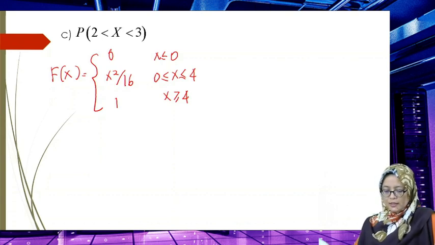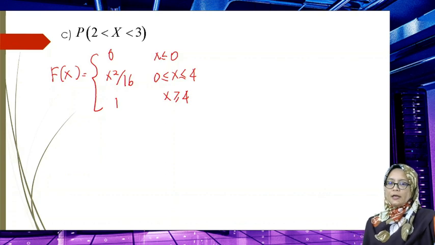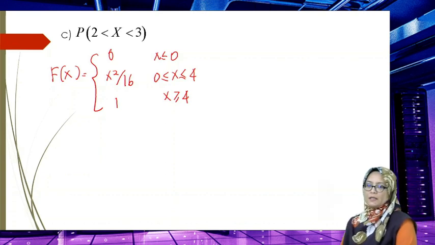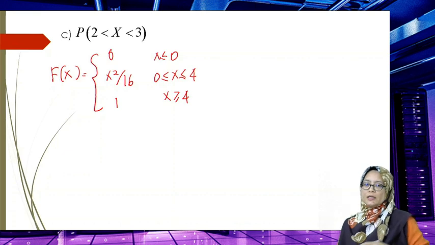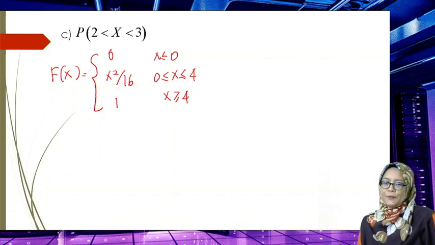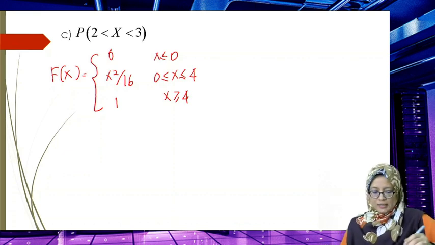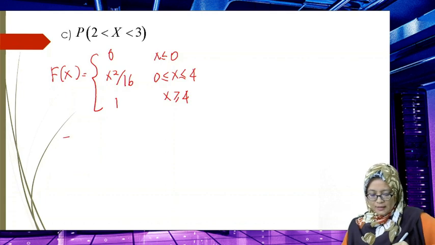Okay, so sekarang ni kita nak cari nilai. Okay, katalah kita sekarang ni kita dah ada fx untuk f besar dia. Maksudnya kalau kita nak cari nilai base kepada kita punya fx ni, kita akan ganti je. So konsep bila ada f besar ni, you akan substitute value.